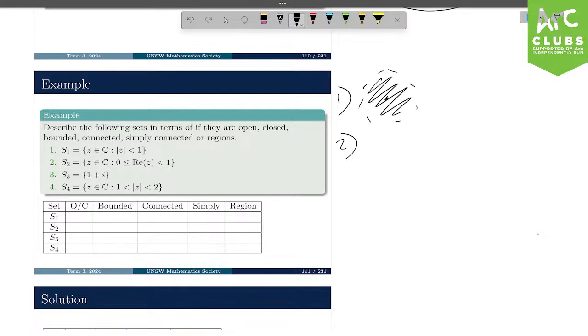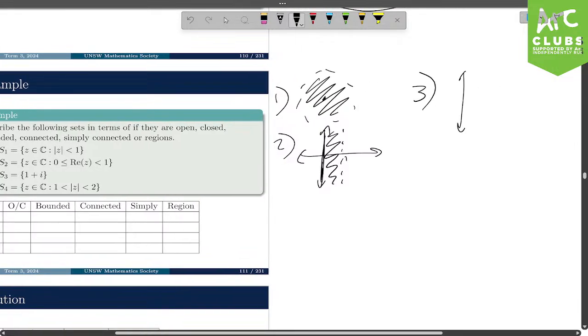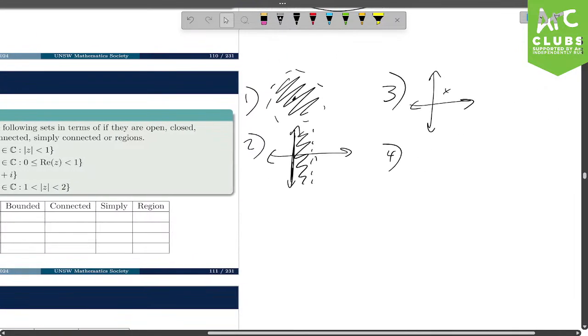Number 2, we have the real numbers from 0 up to 1, not including 1, so if we draw our Argand diagram, that'll be including 0, but not including 1, so that's 1, and everything in between, okay? Next up, we have number 3, which is just the single point 1 plus i right here, and number 4, which will be an annulus. Alright.